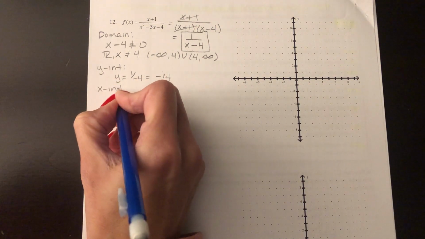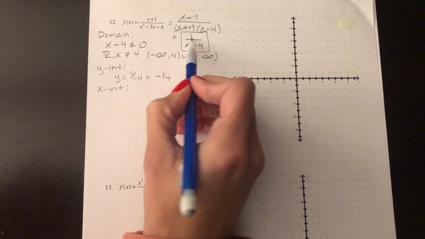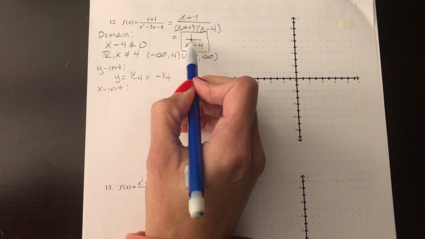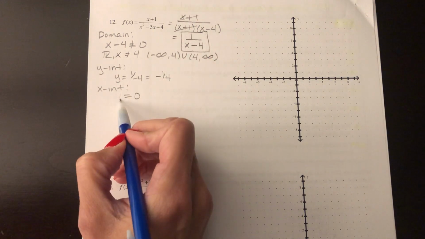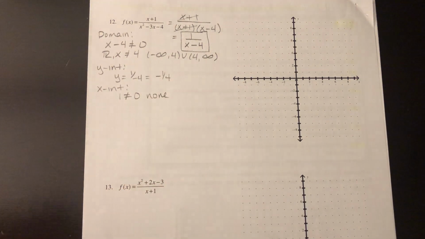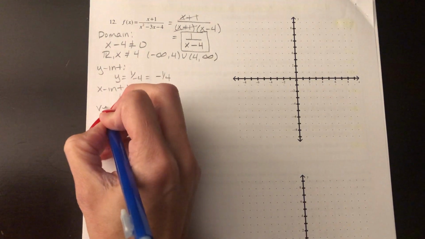Check for an x-intercept. Oh, there's no x in our numerator. So for finding x-intercept, you set the numerator equal to 0. Well, 1 does not equal 0. So there's no x-intercept.